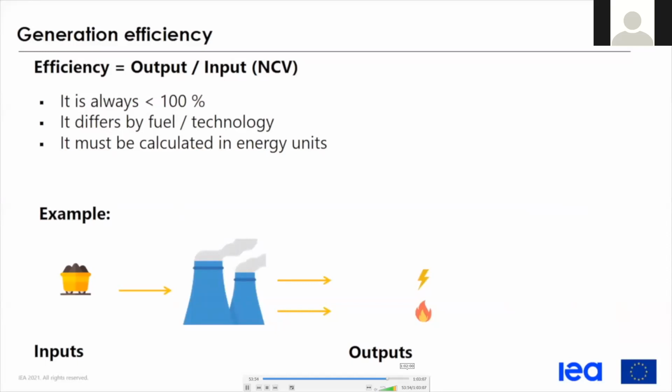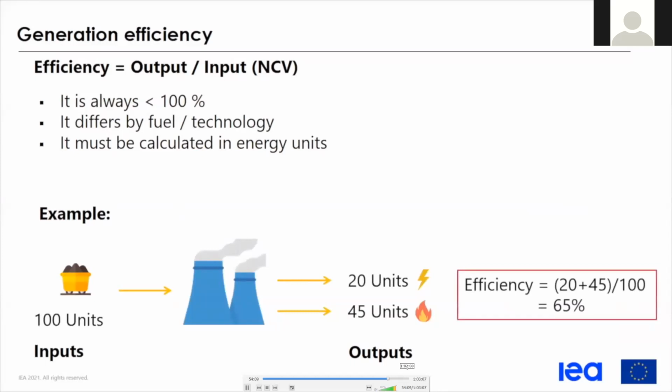So, for example, an input of 100 units into a power plant would have an output of 20 units of electricity plus 45 units of heat. And if you calculate the efficiency, considering it's all in the same unit, you have a 65% efficiency.